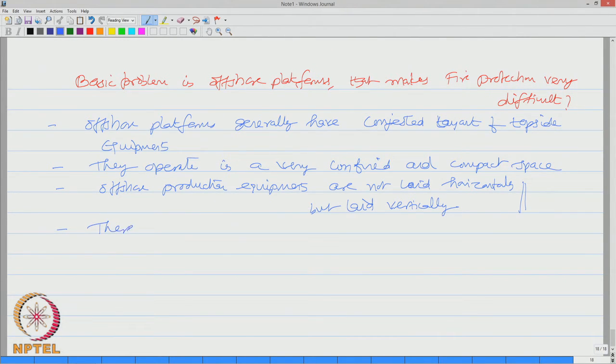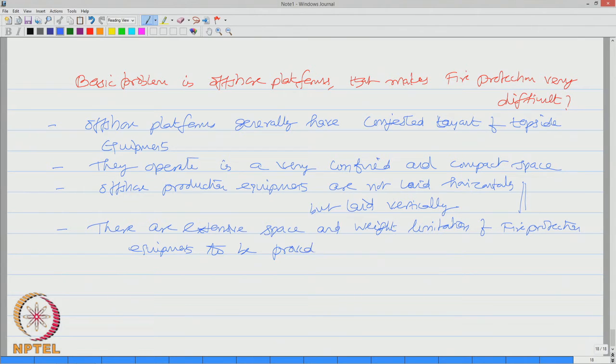There are extensive space and weight limitations of fire protection equipments to be provided on board.